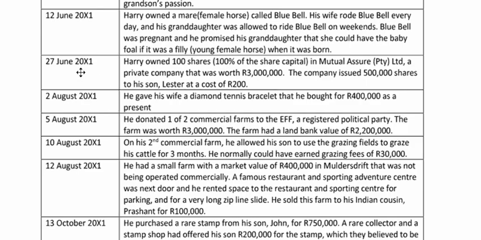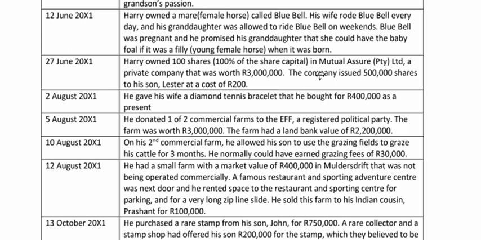On 27 June, it says Harry owned 100 shares, 100% of the share capital in Mutual Assure Pty Limited, a private company that was worth 3 million. The company issued 500,000 shares to his son Lester at a cost of 200 Rand. Now, you need to understand, this is what we call a value shifting arrangement. It is dealt with under capital gains tax, but there's no transaction with Harry here.